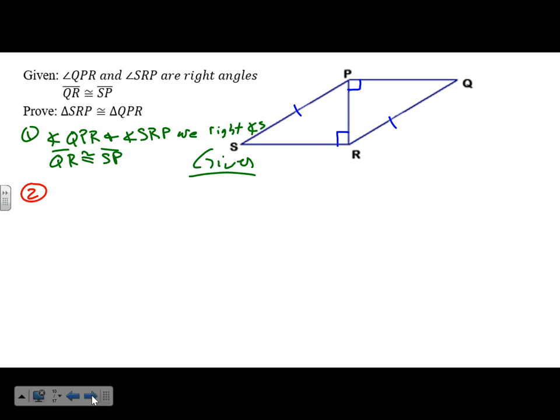So we have that they're right triangles. We have that the hypotenuse is congruent, but now we need this one is congruent to itself, PR. Again, I said this a while ago, but make sure you realize that the reflexive property happens a lot in these problems. So if you still don't know what that is, you need to be asking.